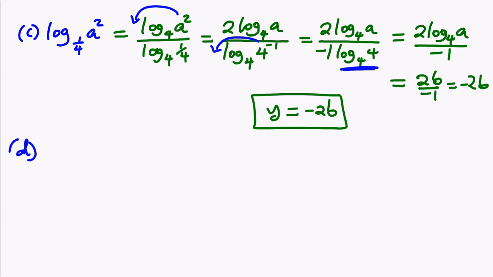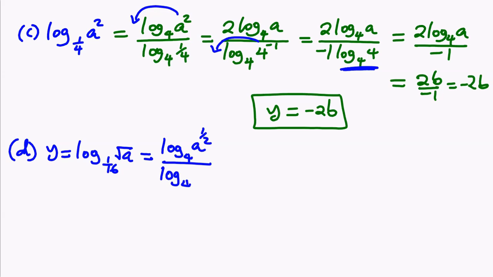For D, we have y is equal to log base 1 over 16 root a. This can be changed to base of 4. So log to base 4 of square root of a is same as a to the power a half, and log to base 4 of 1 over 16.